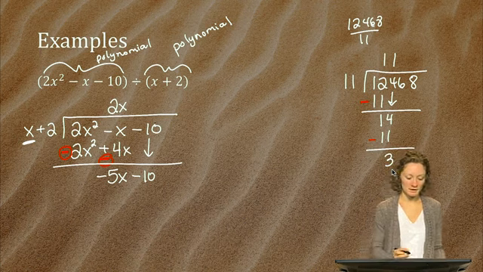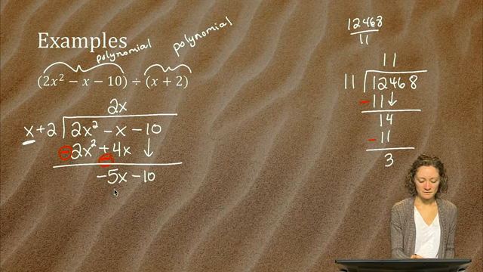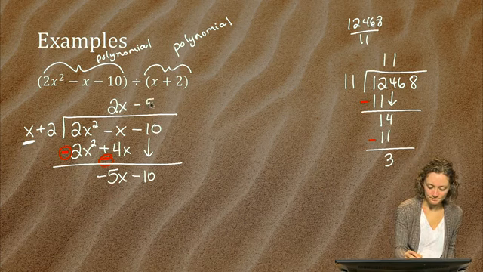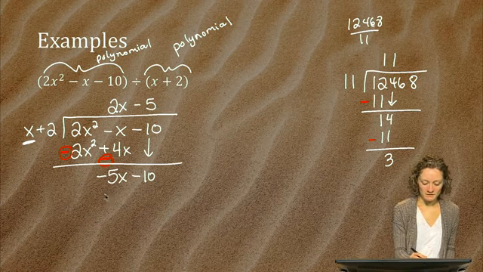Same thing for our problem here. What can we multiply x by to get negative 5x? The answer, negative 5. Now we take negative 5 and multiply it by x plus 2, which gives us negative 5x and minus 10.